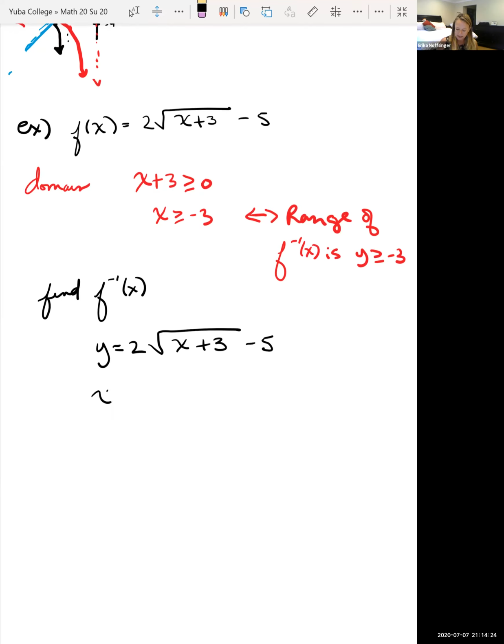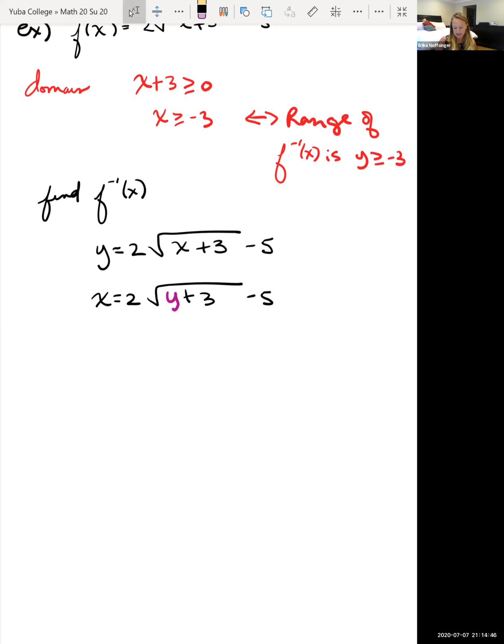So we have x is equal to 2 square root of y plus 3, and then -5. We want to solve for y. So just like we were solving equations with radicals, we want to isolate the radical. Let's add 5 to both sides.